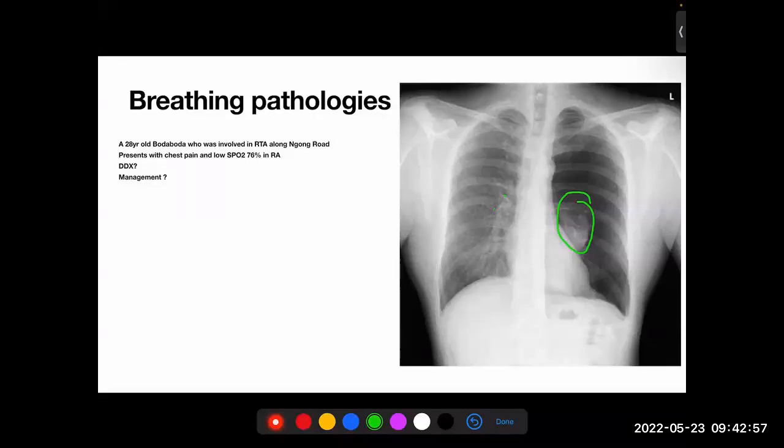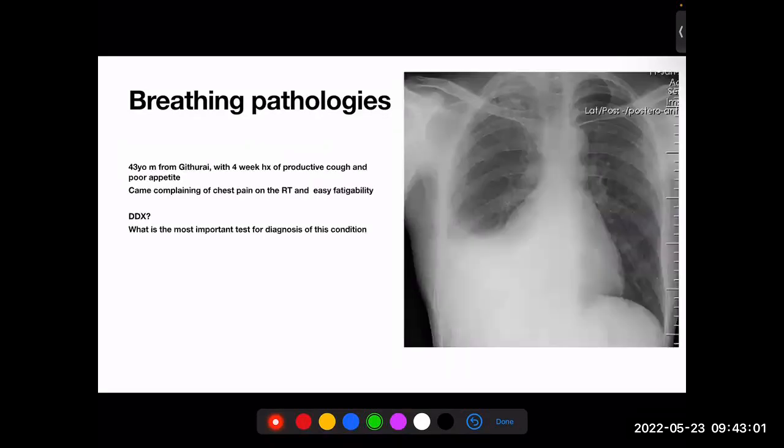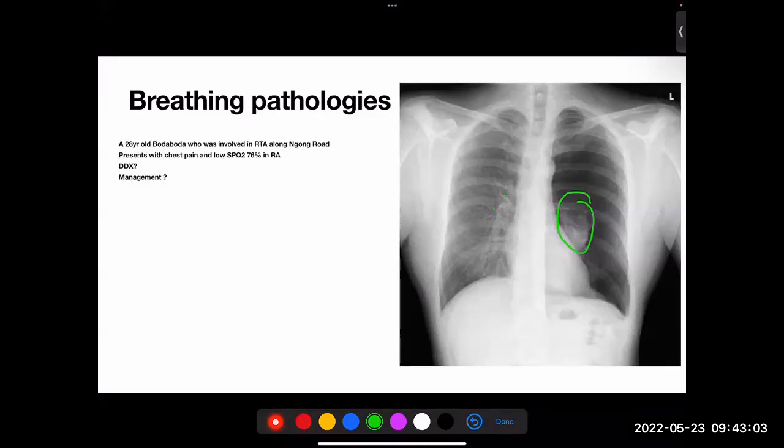So what is the diagnosis here? Atelectasis. Atelectasis, I agree, but there's something more I'm looking for. When there is no lung in this space, what is in this space? Pneumothorax.